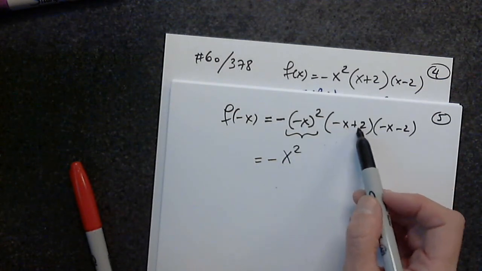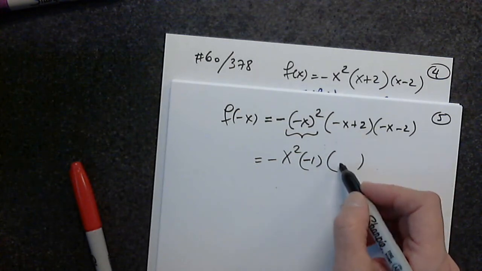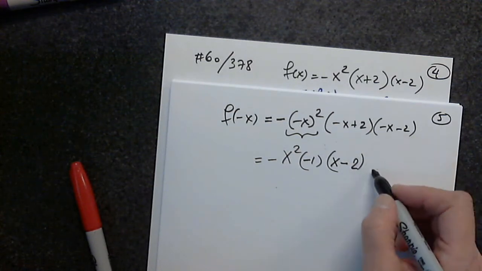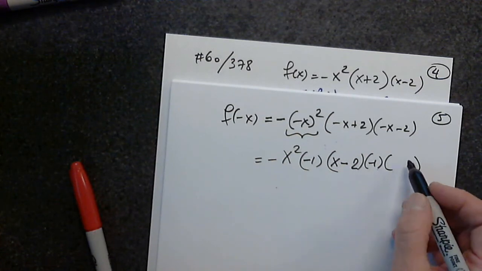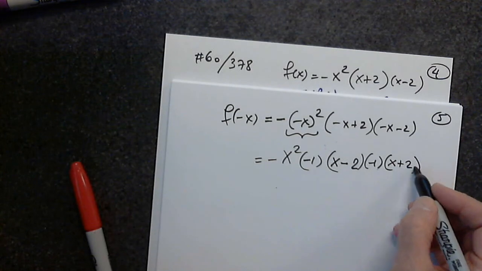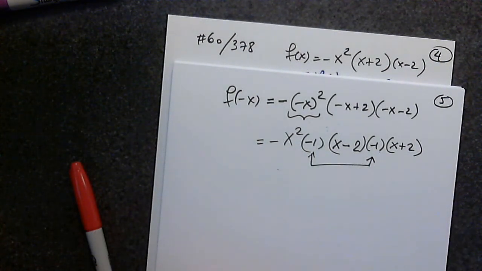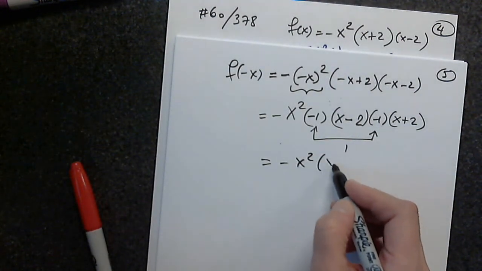Now I'm going to factor out negative 1 from here. And what is left in parentheses? Minus 2. I'm also going to factor out negative 1 from here. And what is left in parentheses? Very good. Awesome. How much is negative 1 times negative 1? 1. So then this is the new function.